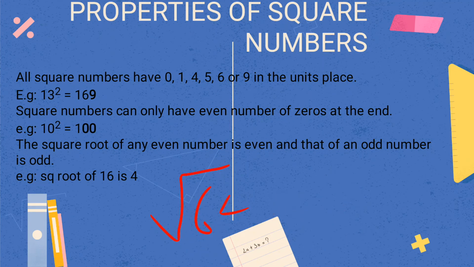The same way, the square root of 81 is 9. 81 is odd, and 9 is also odd. So that's why we can say that the square root of any even number is always even, and that of an odd number is always odd.